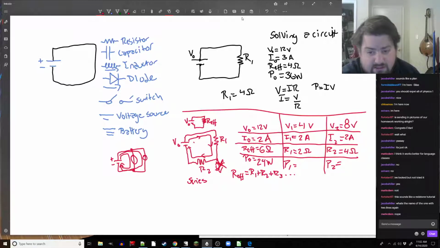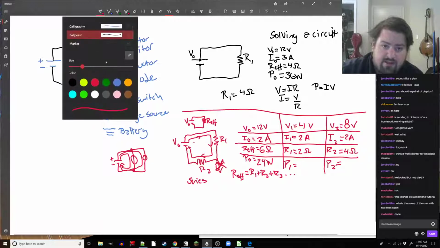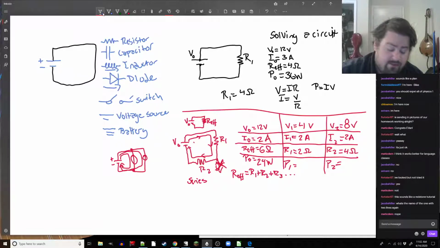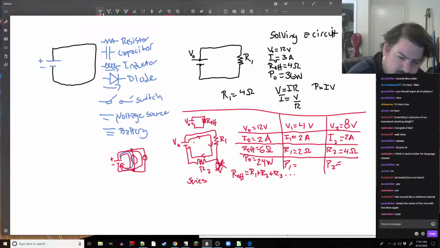That's not a coincidence. One of the laws for circuits is that voltages on any given loop, any single closed loop around the circuit, any closed loop. So in this branching example, this here is a closed loop, but also this here is a closed loop as well.